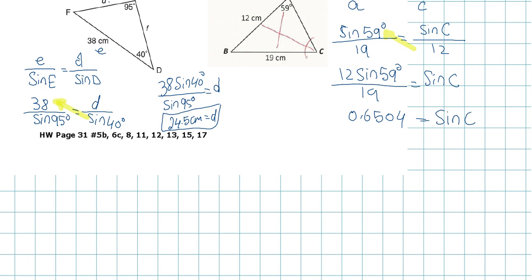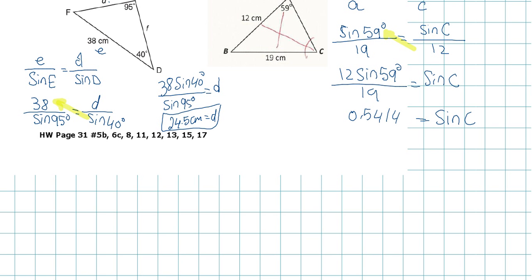So 14. Okay. You got it? No? Maybe you're pressing not sine. Oh, okay. So you close the bracket, then divide by 19. Yeah. Okay. All right.